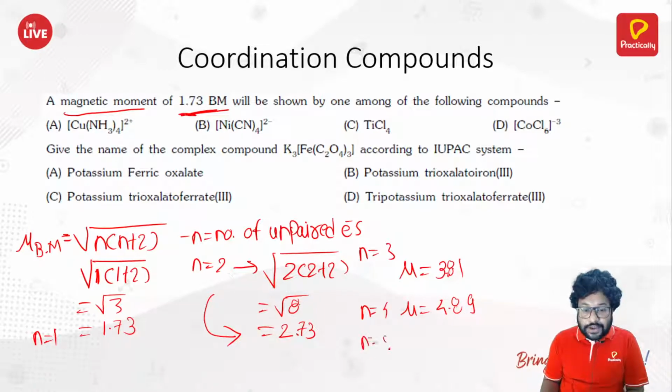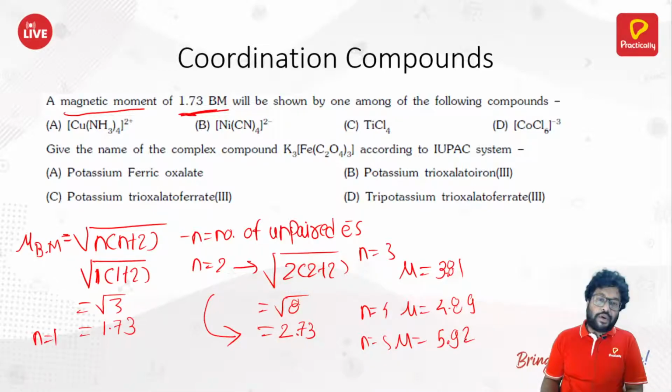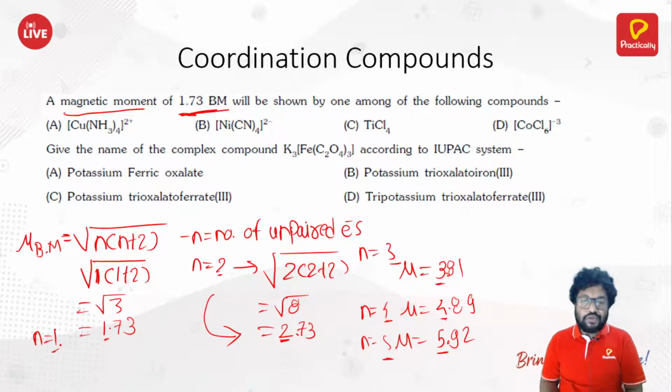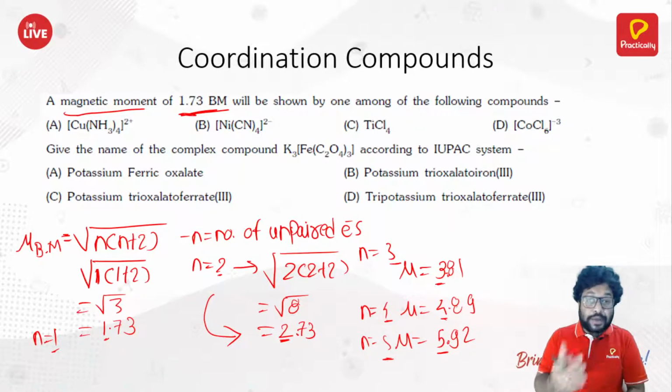If n is 5, your mu becomes 5.92. So whatever you do, this number and this number will always be the same. The main digit can always tell you how many unpaired electrons your compound has.